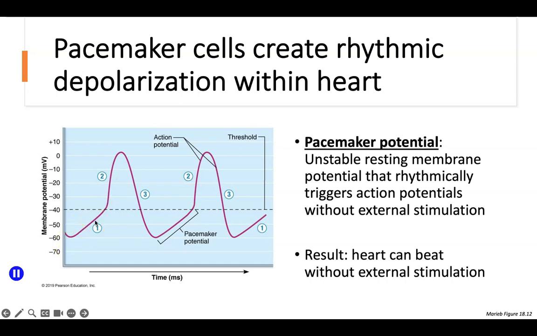It doesn't require any external stimulation. And so here we see that slow depolarization, that's the pacemaker potential, leading to the rapid depolarization and repolarization of the action potential. So this pacemaker potential is allowing the heart to beat without external stimulation.